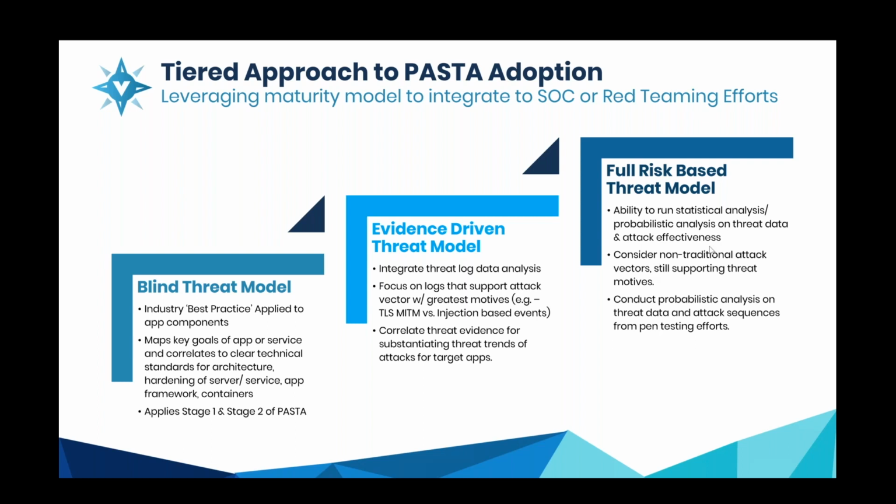Now, you can still do this manually, and you can still test. Let's say that you want to test the likelihood of injection-based attacks, and you throw 500 different types of payloads against API endpoints, and you see that you have a high success rate.